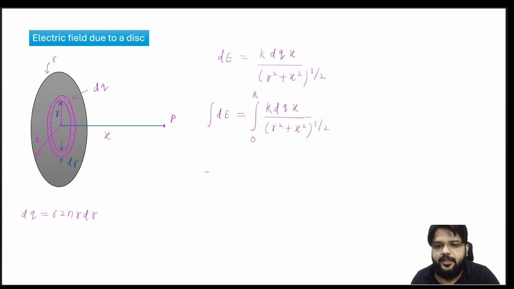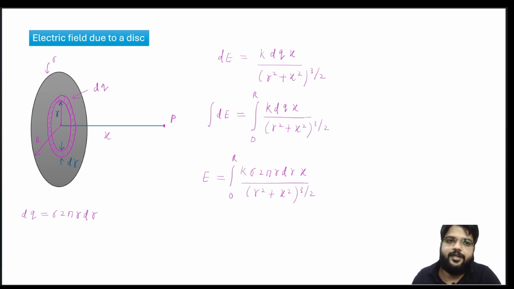Integration of dE, 0 to R, K, and the value of dq is sigma 2 pi r dr, x divided by r square plus x square 3 by 2. All right, this thing we have. Now the next thing is, everyone, the constants we will put outside the integration according to the rule.